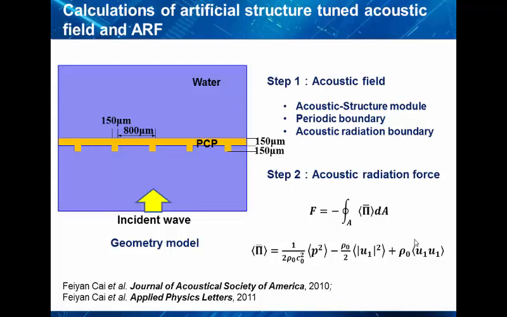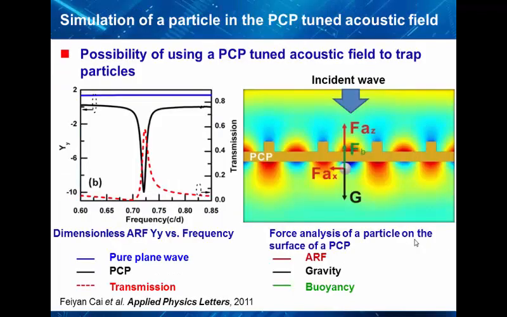After that, the acoustic radiation force can be obtained by integrating the time-averaged momentum flux tensor over the surface of a particle. As shown in the relationship with frequency, we can see that the pure plane wave, shown in blue lines, always has a positive acoustic force.